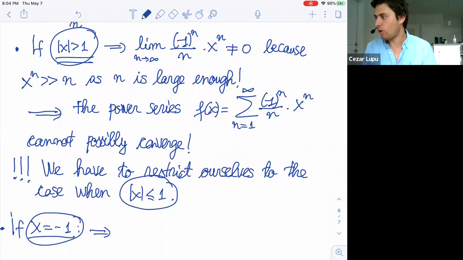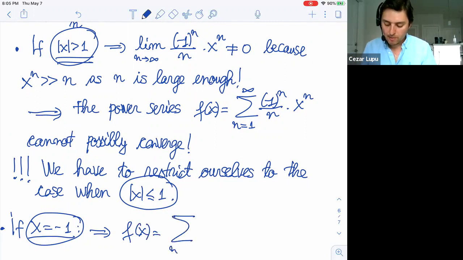So can you tell me, f of x will become what?